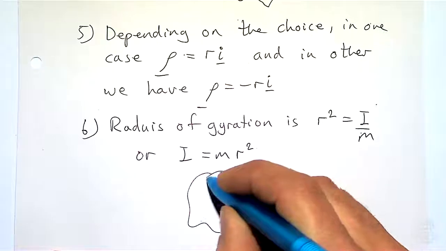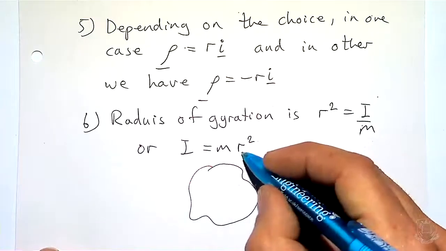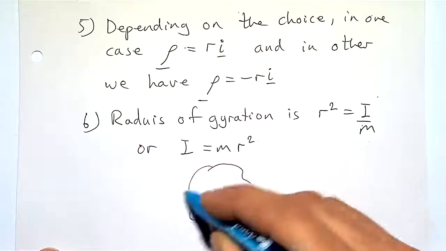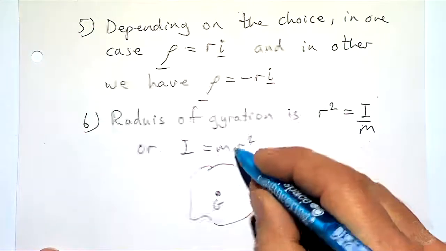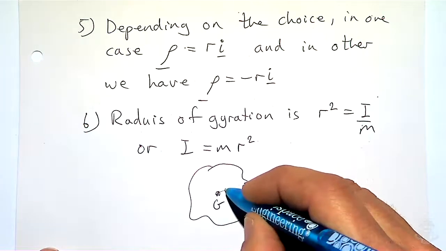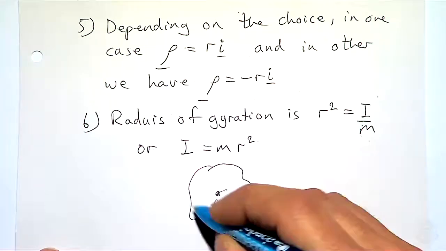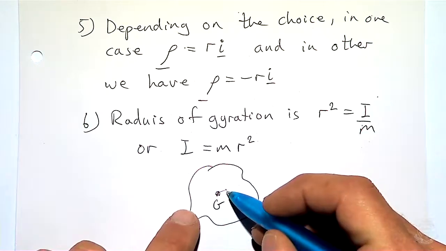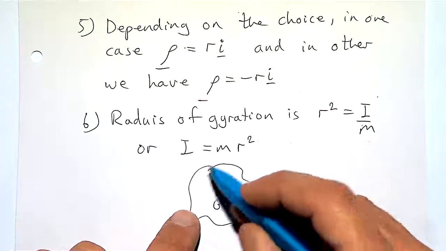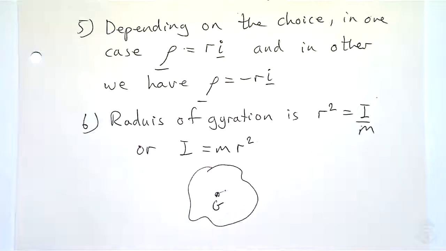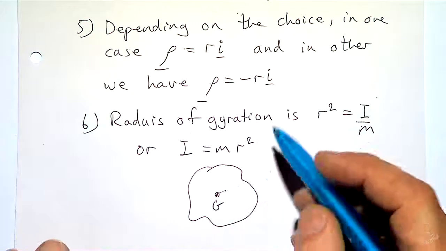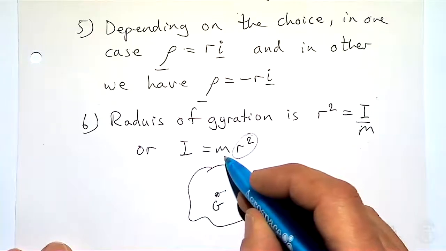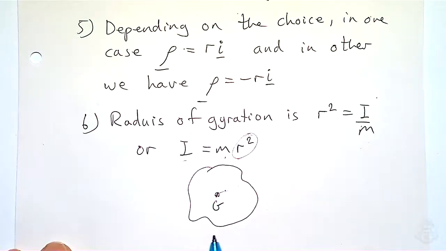If you have some rigid body with a center of mass G, and it starts to rotate, this is some distance out from the center that characterizes what the moment of inertia would be. So how much inertia does this thing get when it starts to rotate? It's encapsulated by that parameter, and if you multiply that by the mass m, you get the moment of inertia.